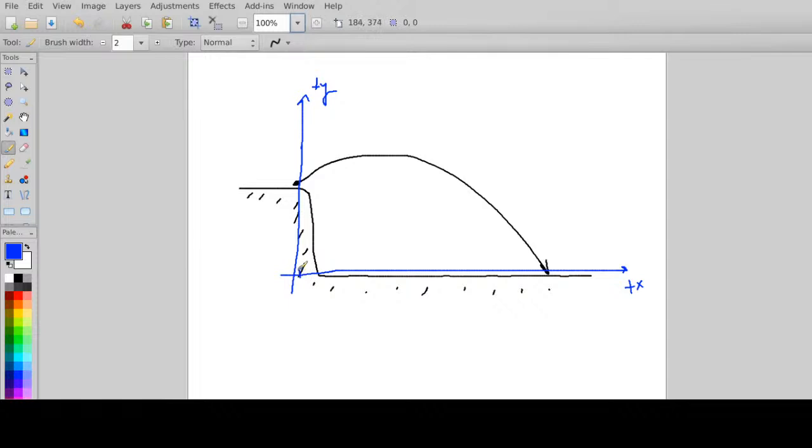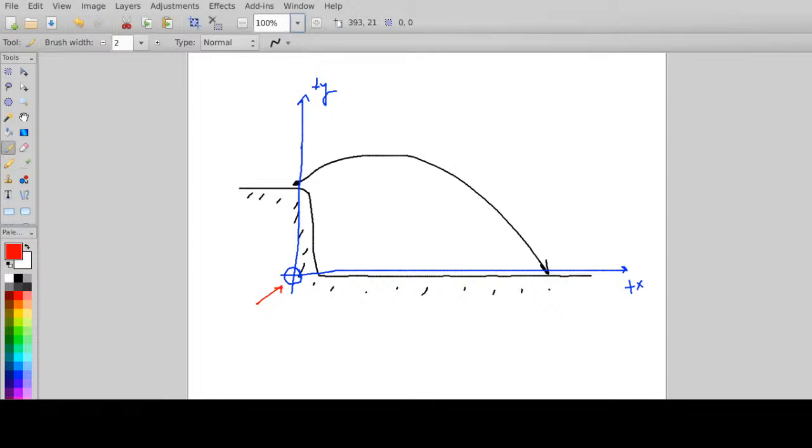So the origin is right here. I'll put a big circle right there. Let me just emphasize it with red. That big circle right there represents x equals 0 and y equals 0.